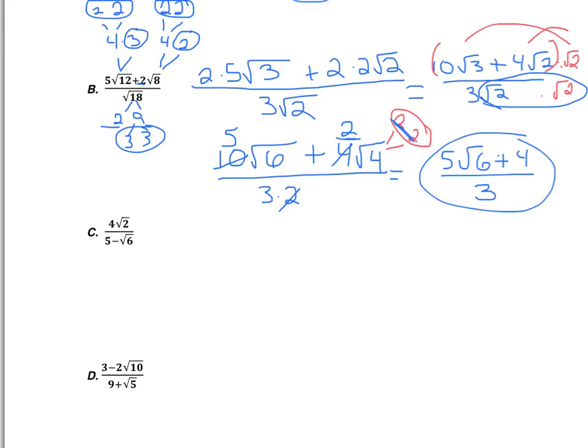Letter C, we have a subtraction sign in the denominator, so we have two terms, which means we have to multiply by the conjugate, which is 5 plus root 6, top and bottom.